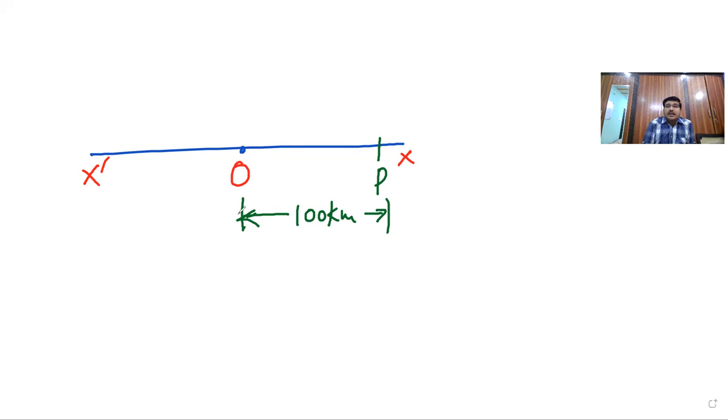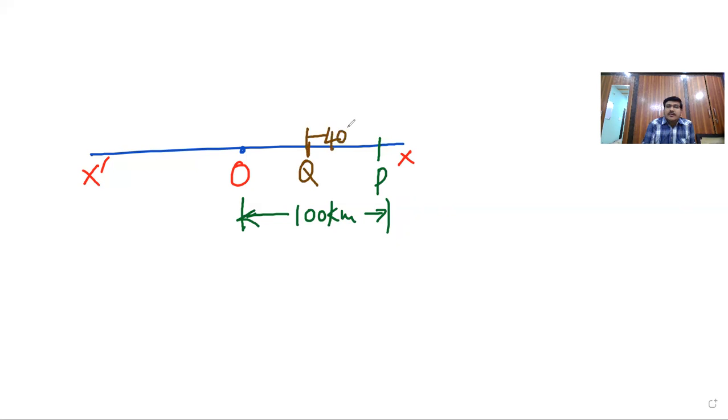That means, what is the total distance traveled by the object? 100 kilometers. Clear? Now, again from P, after reaching P, the object is coming back to the Q position in the reverse direction, traveling, let us say, 40 kilometers.